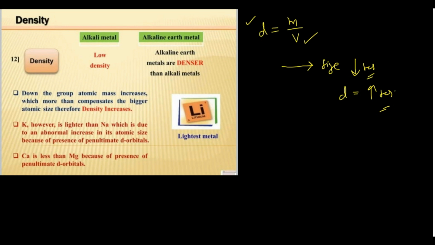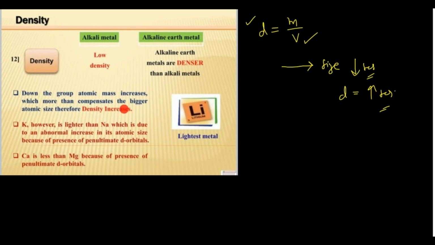So down the group atomic mass increases, which more than compensates the bigger atomic size. That means the atomic size also increases, but that increase is not that much when compared to the atomic number. So atomic number increases, that means mass increases, so density also increases, right? That's why down the group density increases.